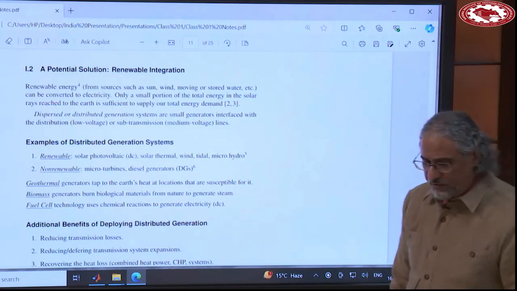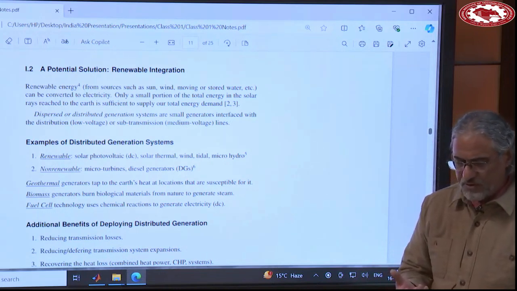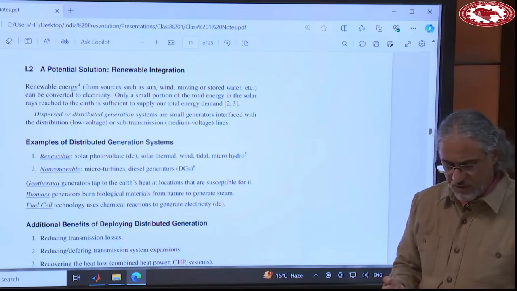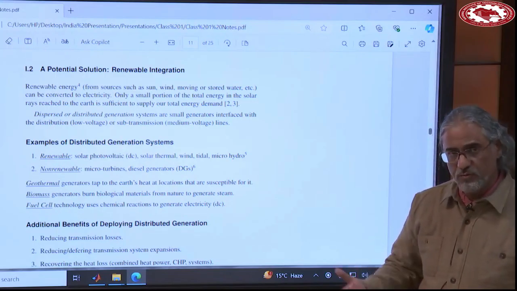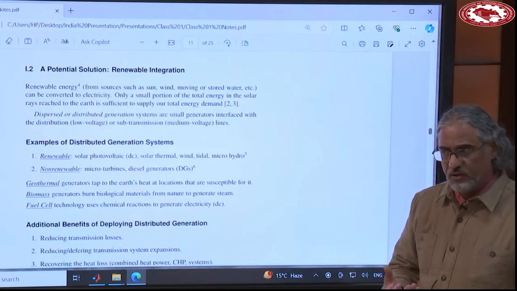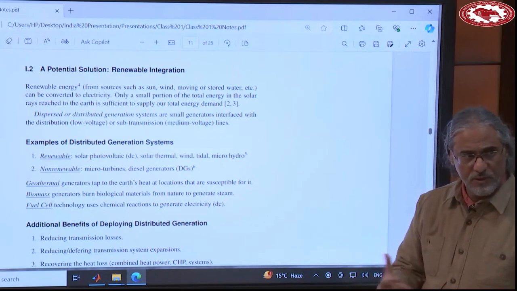And then if you have distributed or dispersed generators that can generate electricity from these resources, not in huge power plants but in smaller generation facilities, you can use that power closer to where you generate it.